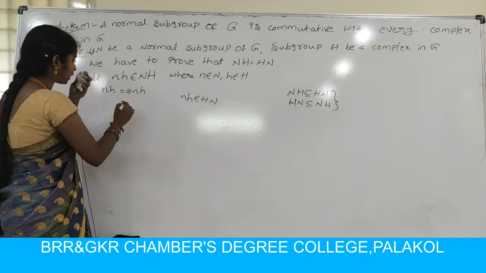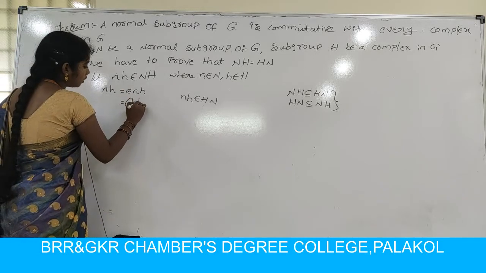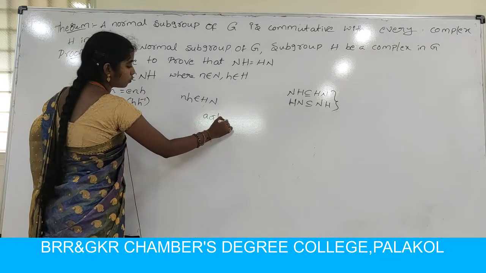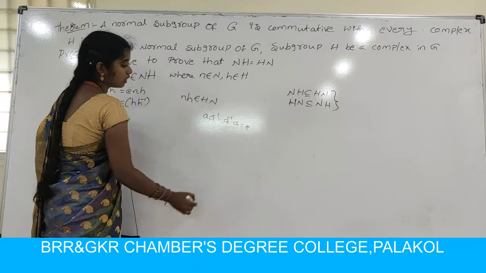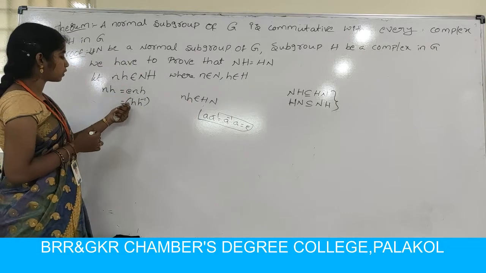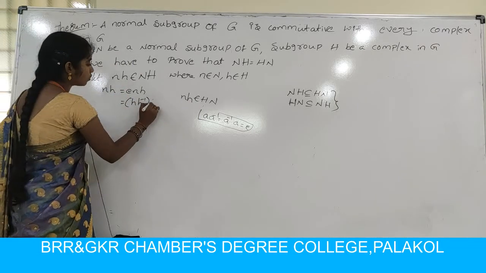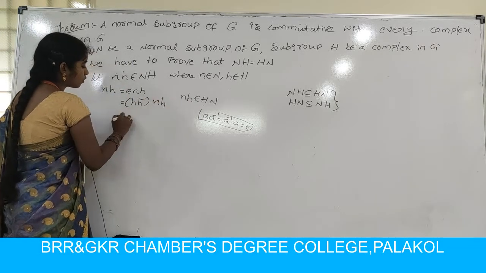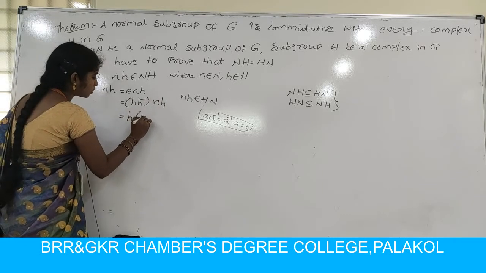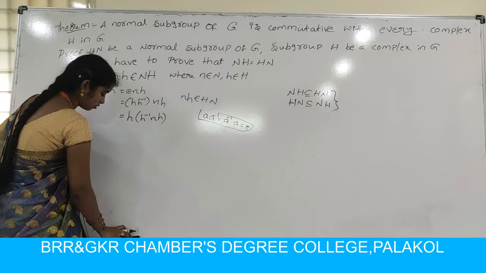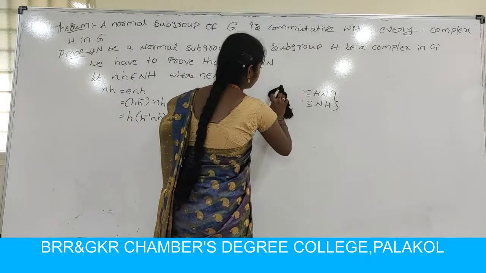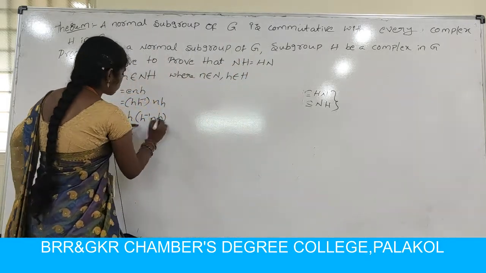So e into nh value is nh. E can be written as h into h inverse. Already you know the inverse property: a into a inverse equals a inverse into a, and the value is e. So by using this property, e can be written as h into h inverse into nh. Changing the brackets, h into (h inverse nh).